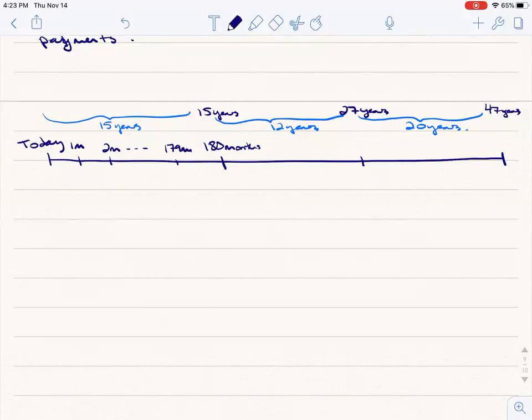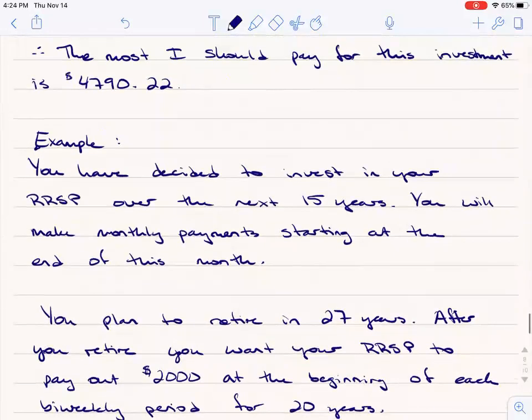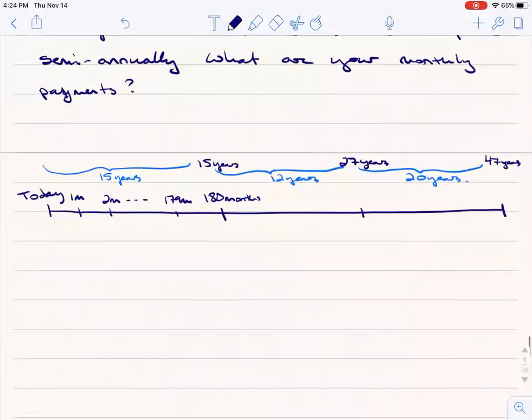I still need to have 3 ticks in the front, 2 ticks in the back. In terms of payment amounts, I don't know what they are, and we've solved problems like this, so we just denote this by the PMT. But we need to make sure that these payments are either at the beginning or at the end. And you will make monthly payments starting at the end of this month. So if we're starting at the end, then our first PMT is at the 1 month mark, and then PMT, PMT, PMT, and then finally a PMT.